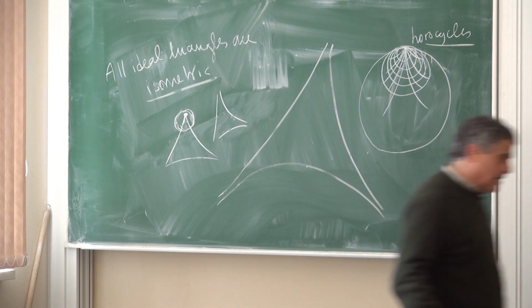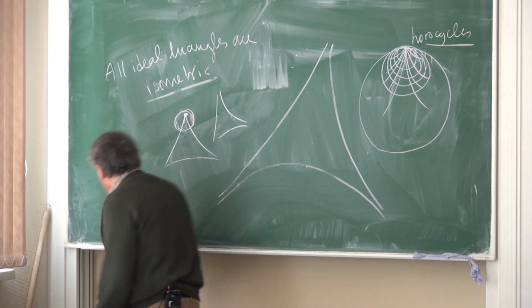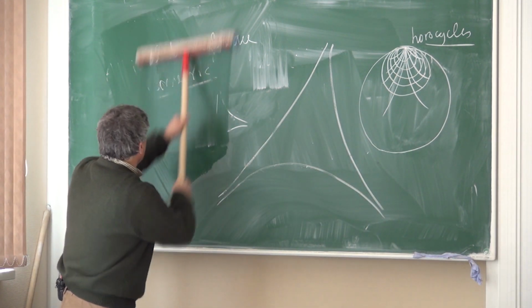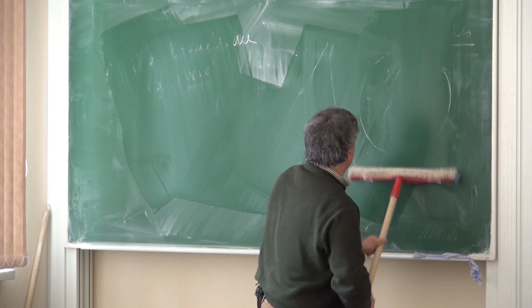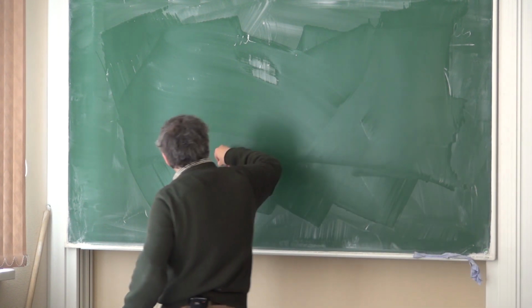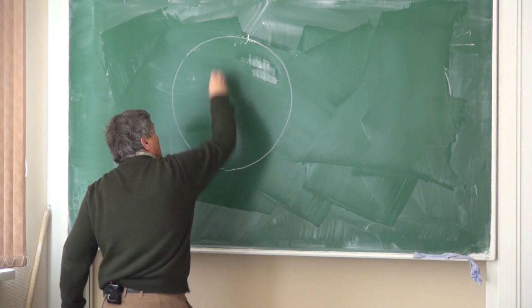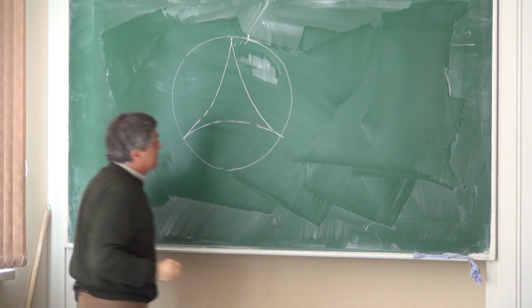So the only thing now I will use is this ideal triangle, which we know now is unique, and in order to simplify and to use less imagination, we can draw it here in the Poincaré model, like everybody does.